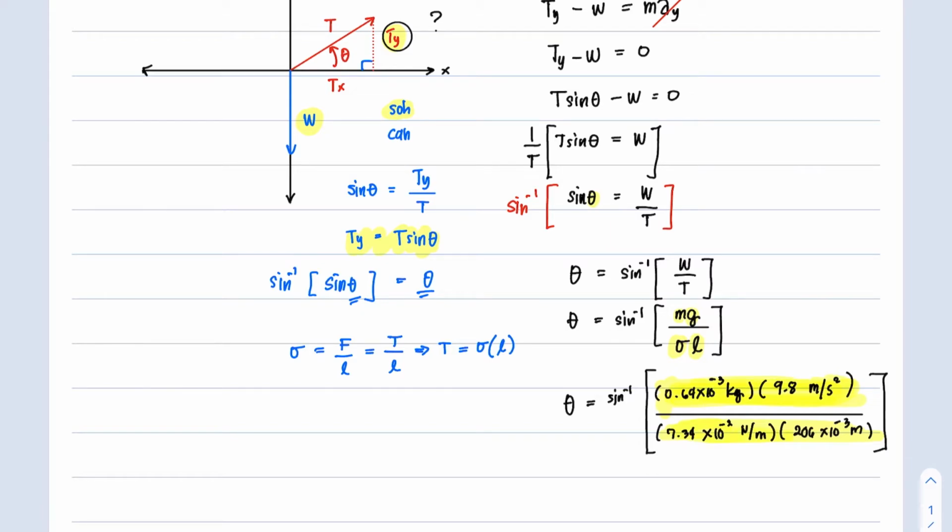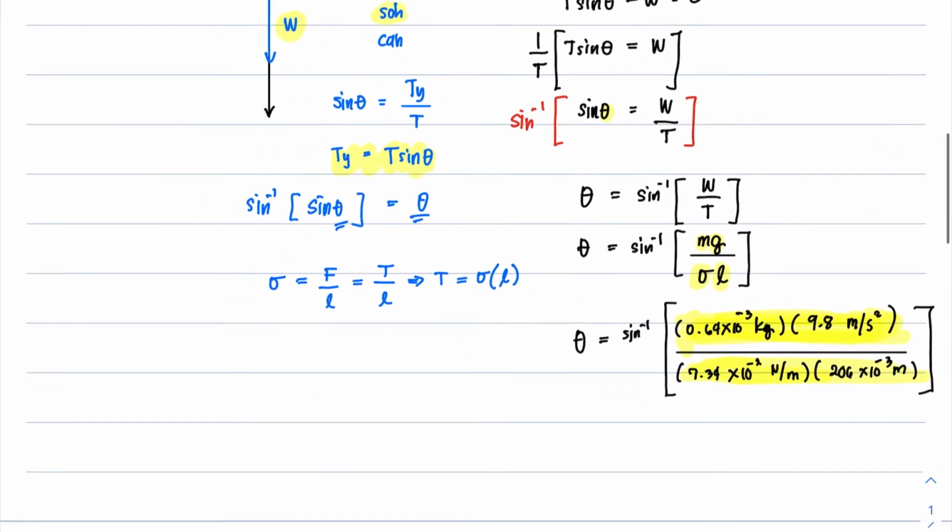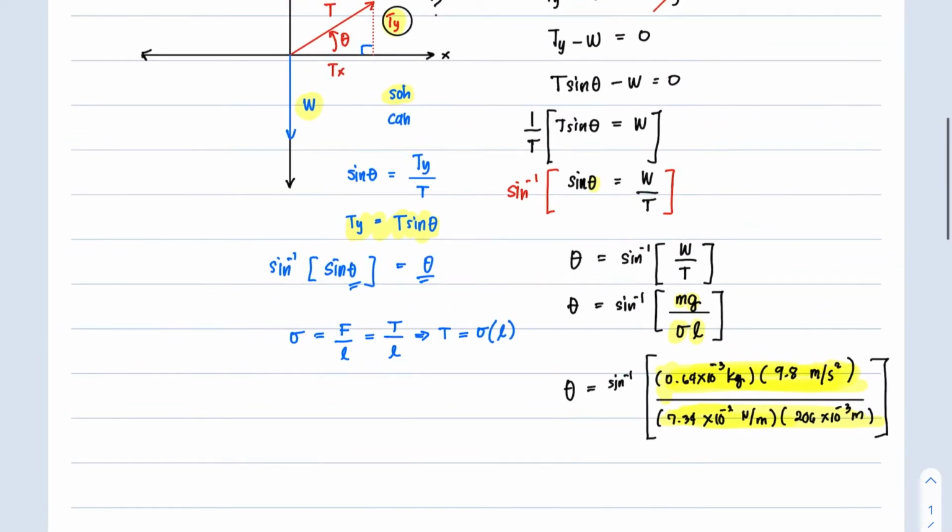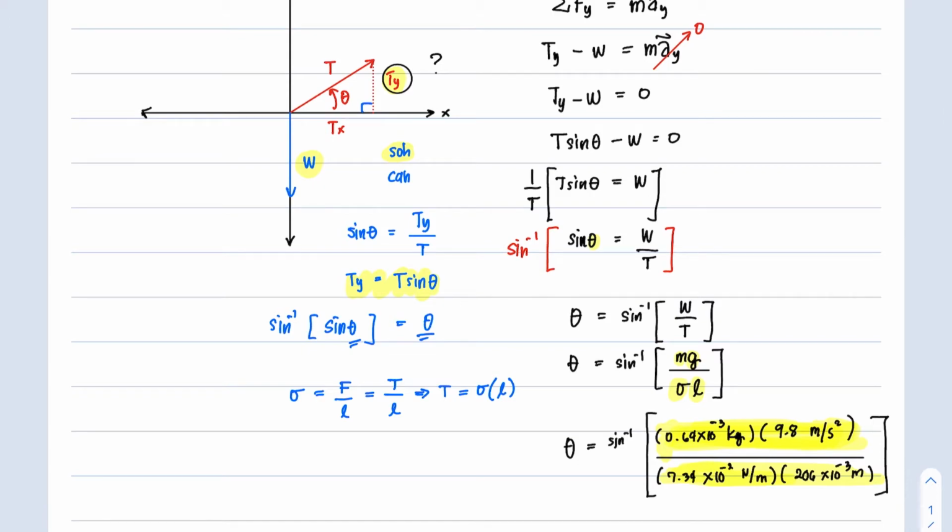Now, to check what happens with your units, I'm going to write it in blue again so that you won't be disoriented. Your kilograms times meters per second squared is actually 1 newton, because 1 newton is the force required to accelerate 1 kilogram at 1 meter per second squared.